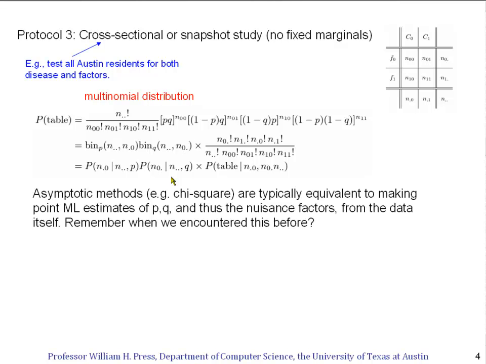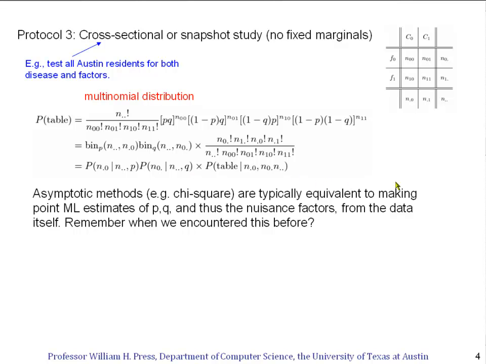Now, why didn't we have to know any of this when we did that first example using a chi-square test on a contingency table? We had a contingency table that had large numbers of counts. And asymptotic methods like chi-square typically are equivalent to estimating these nuisance parameters p and q from the data given.